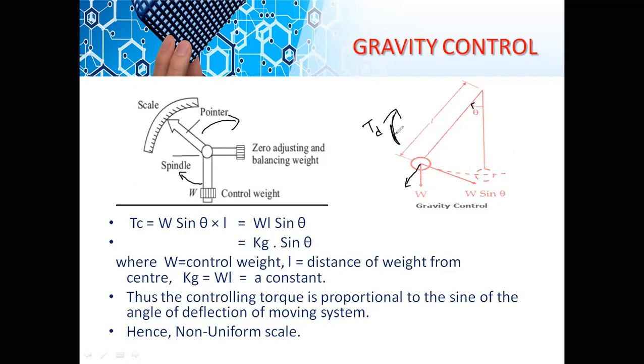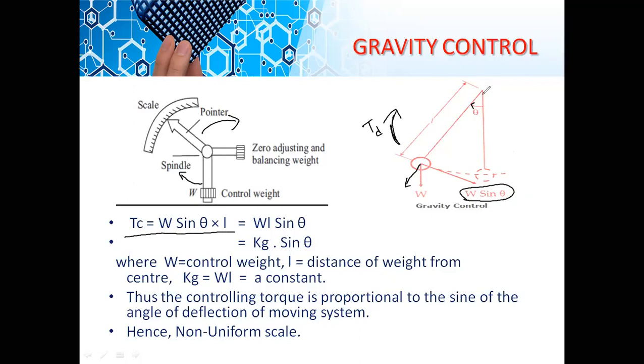So the force that is trying to oppose the movement of the pointer is W sine theta. Torque is force into distance. So force is W sine theta, distance is L, so the controlling torque will become W sine theta into L.